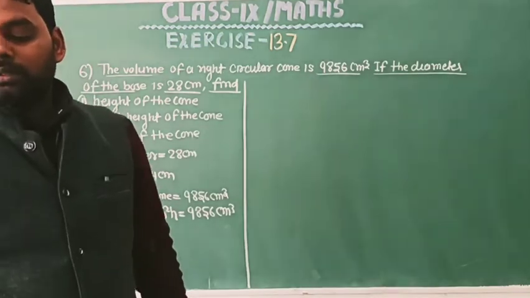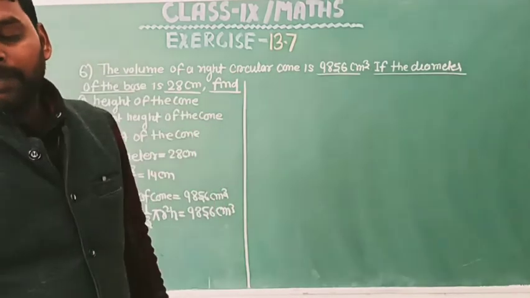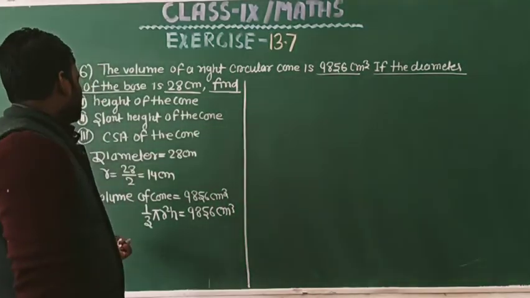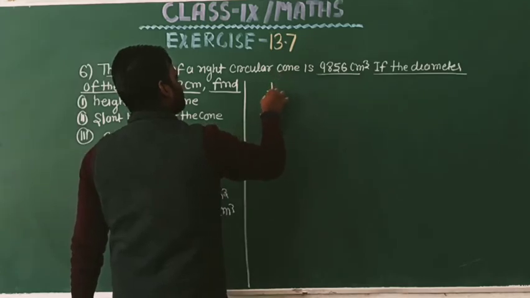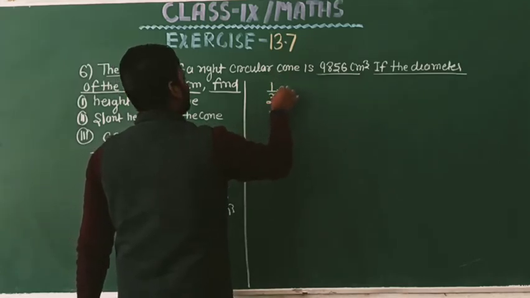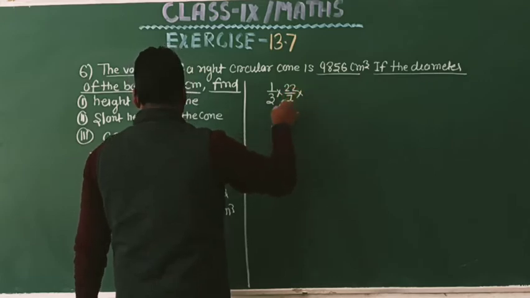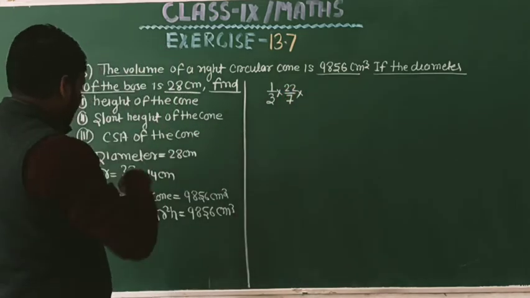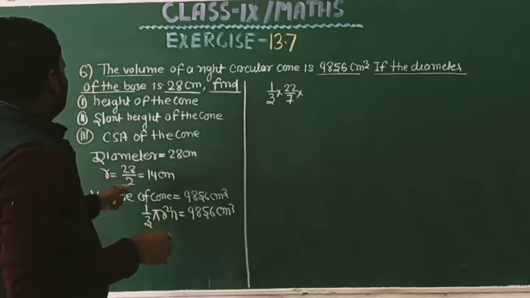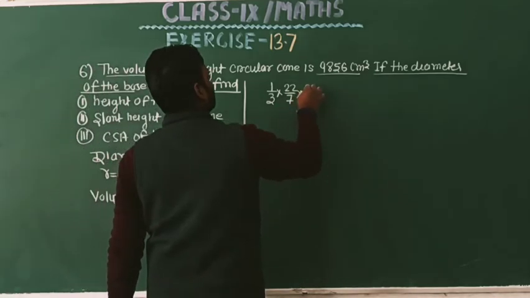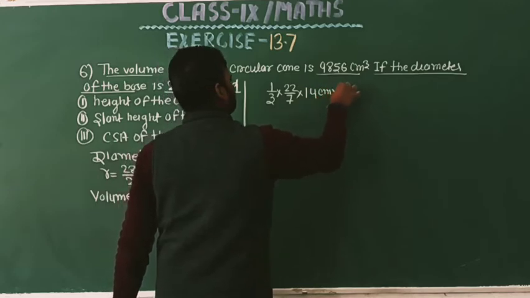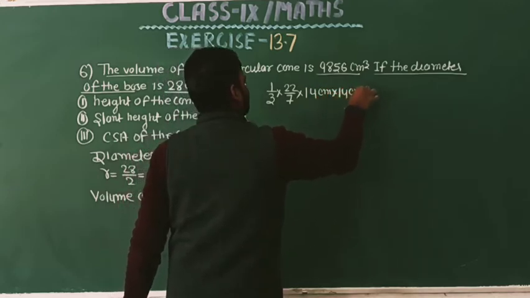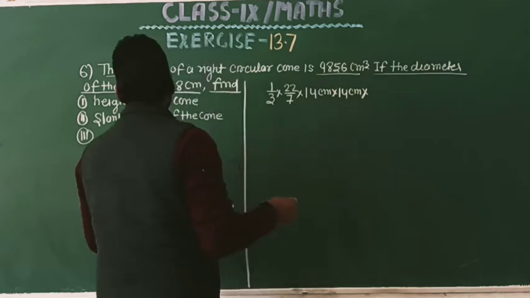So here using the value of pi, which is 22 by 7, this is 1 by 3 into 22 by 7 into radius, which is 14 centimeter into 14 centimeter, and the height we need to find.